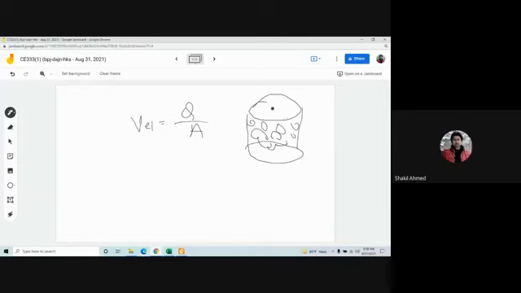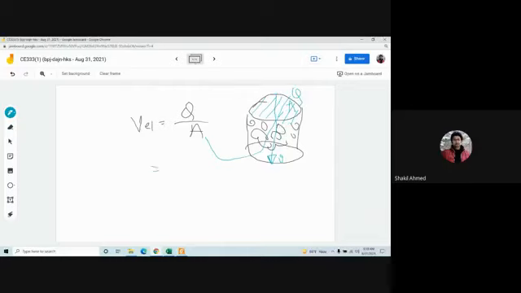Now the water is moving in this direction. This is the velocity. And what is the cross-sectional area? This is the cross-sectional area or surface area. So velocity is perpendicular to this plane. So area is this, and Q is this.